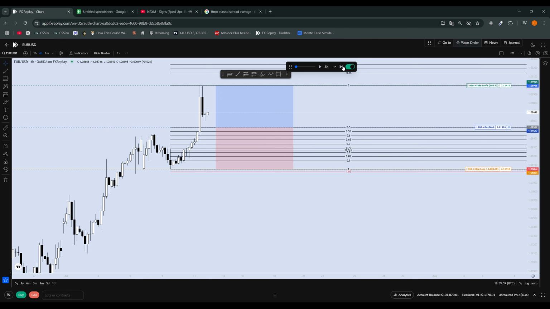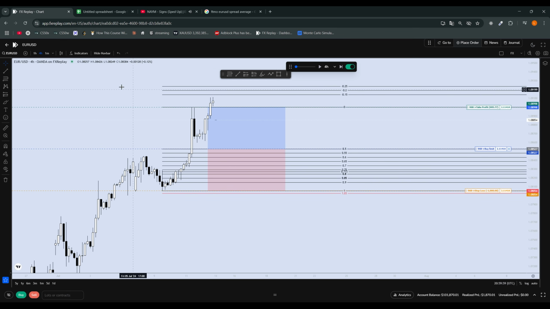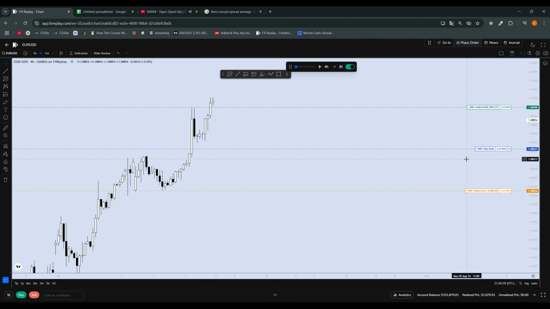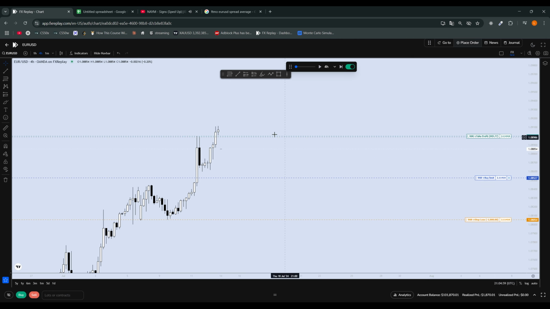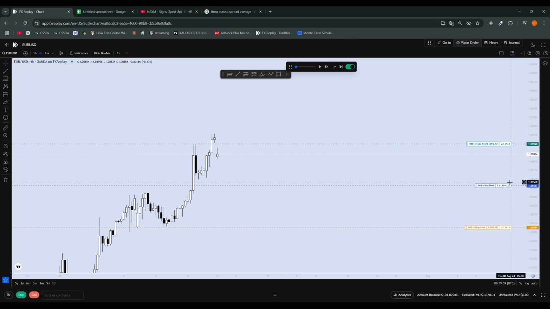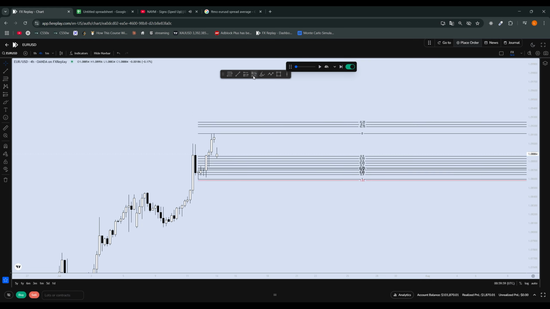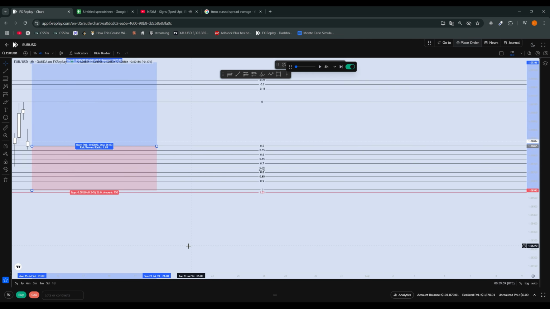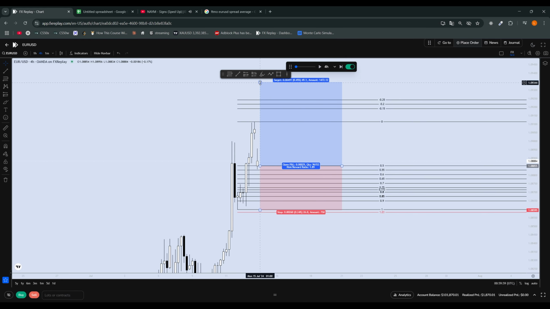Valid range. 50%, and in this case not even the 50 percentile would have been taken. So this is a break of structure.